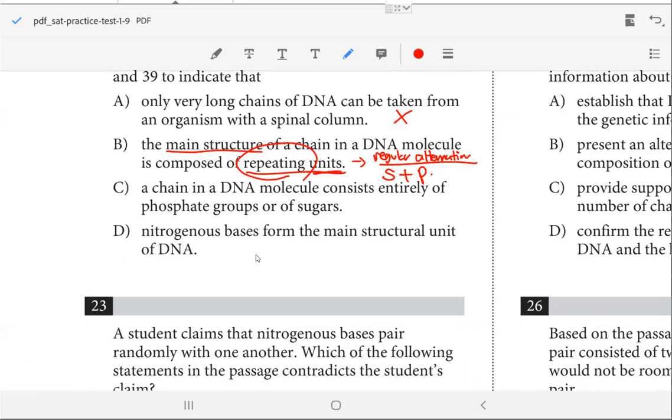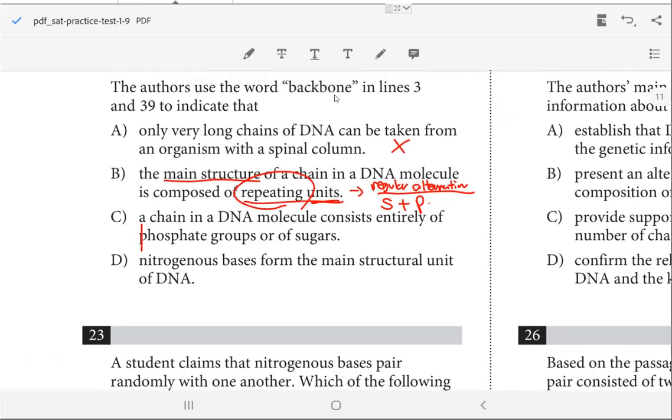자, C 정말 it's a great bad answer, right? Because the question is asking you, 질문은 backbone이 말하는 게 무엇이냐? 그러니까 이게 sugar and phosphate groups를 얘기하는 거잖아요, 결국. 근데 여기에 이제 phosphate and sugar 이렇게 나오면서 답이네 하면서 바로 C를 덥석 물게끔 이렇게 함정을 파놓은 거죠. 근데 요 단어를 하나씩 다 읽어볼게요.